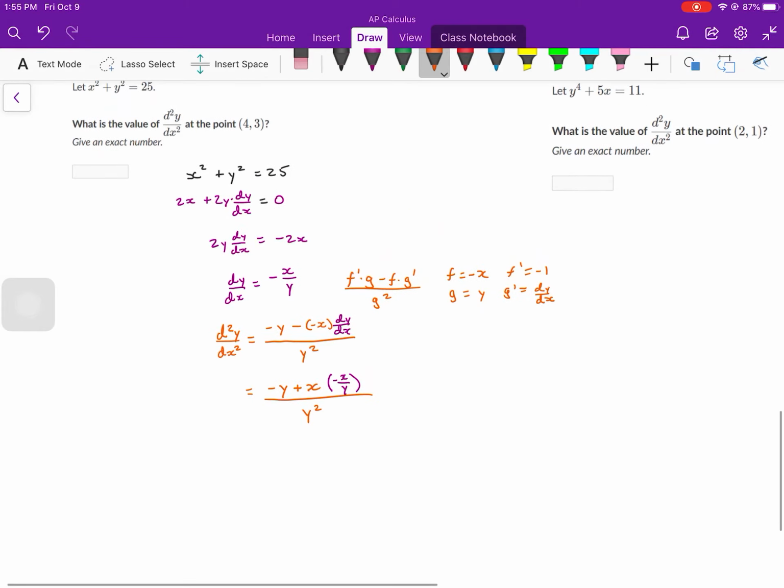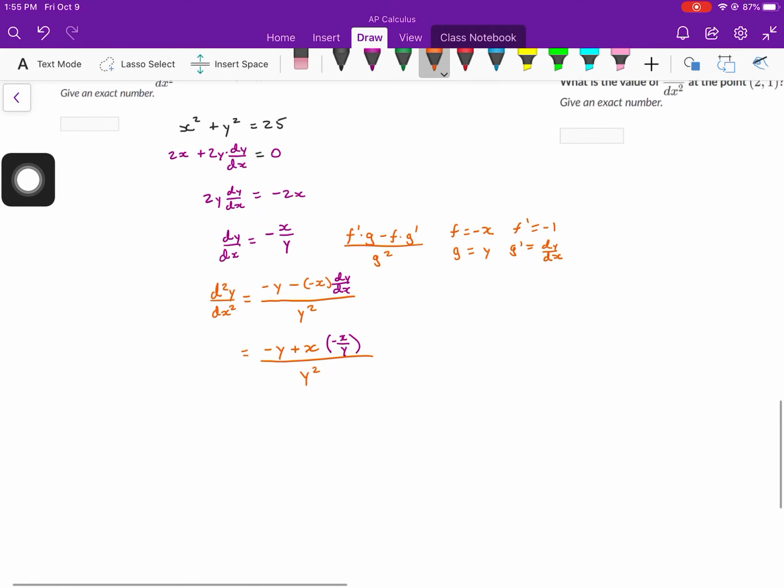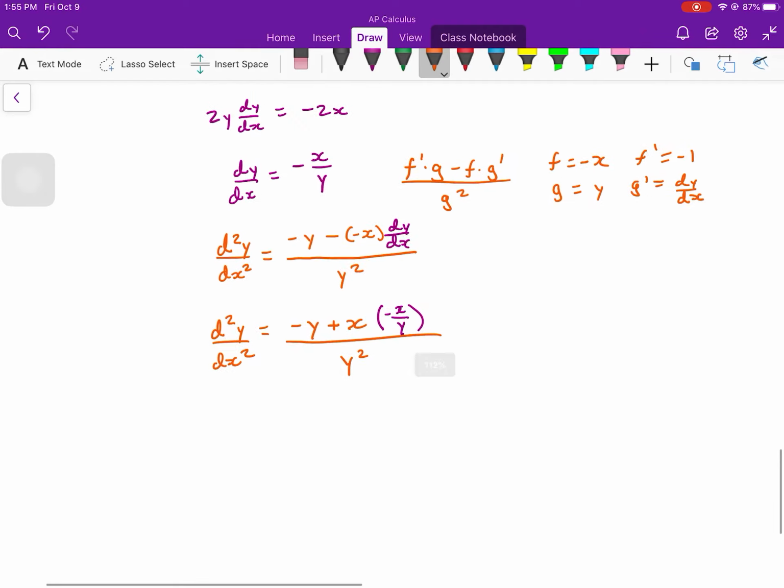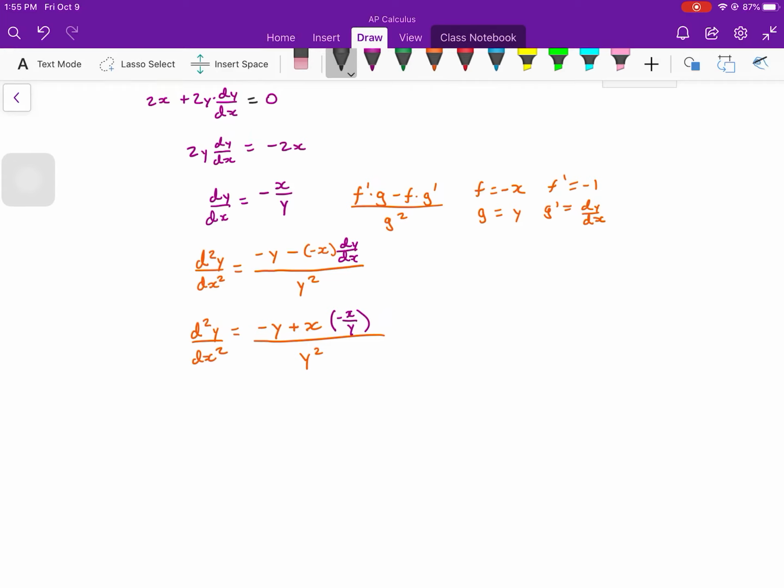So we don't really have to simplify this because we're just going to plug in the point 4, 3. So at 4, 3 will be -3 plus 4 times -4 over 3, all over 3 squared.